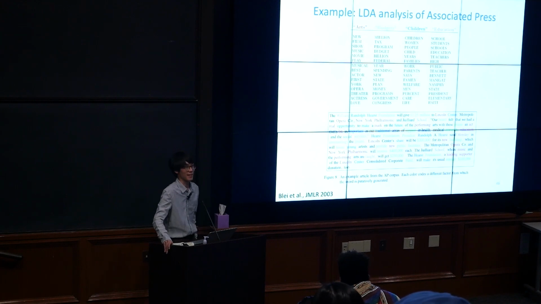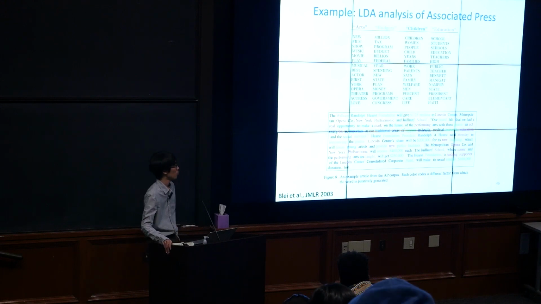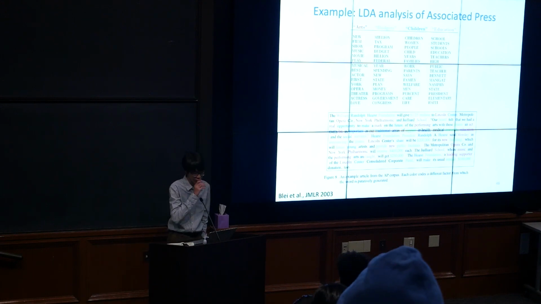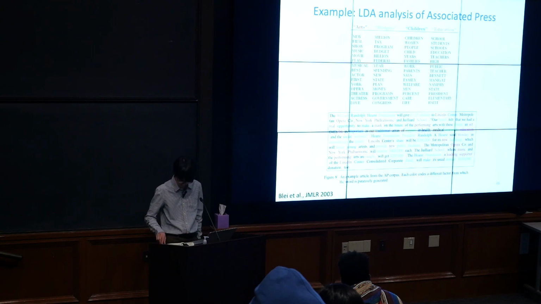But if you're curious, you can look at Yisong's recording or previous year slides. It's the same thing, right? You can describe topics as a collection of words, and analyze each document to see what words from each topic are coming, and documents themselves can be summarized as a mixture of topics.